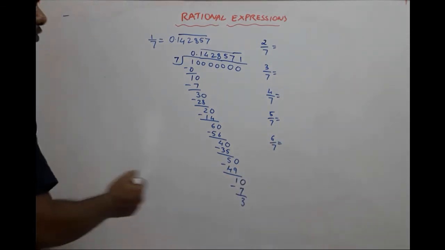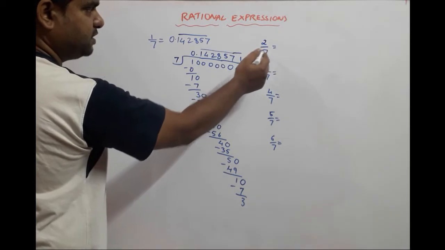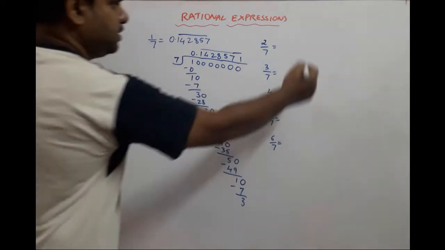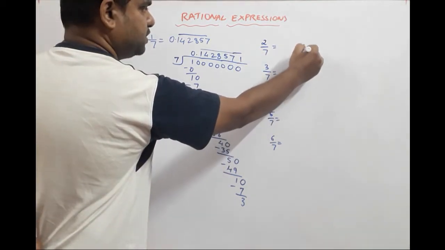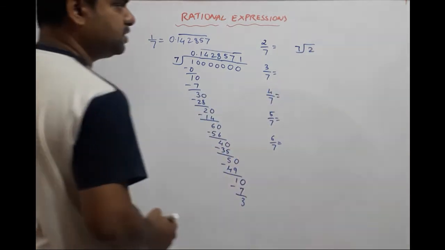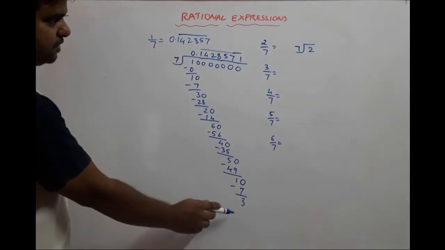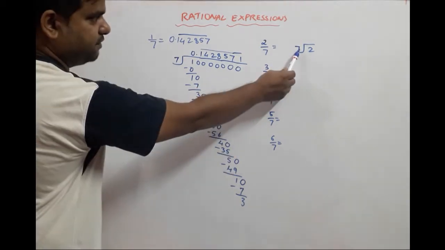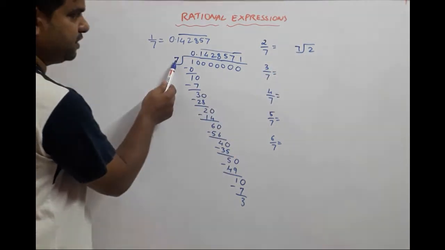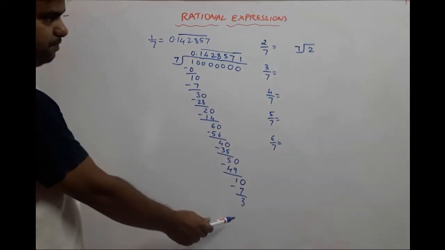Now what is 2 upon 7, where 7 will become the divisor and 2 will become the dividend, correct? So if you have a look in this entire division, where do you get 7 as the divisor and 2 as the dividend? 7 remains the common divisor for all.